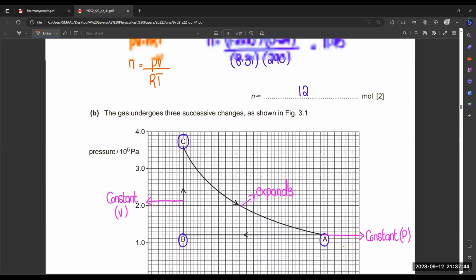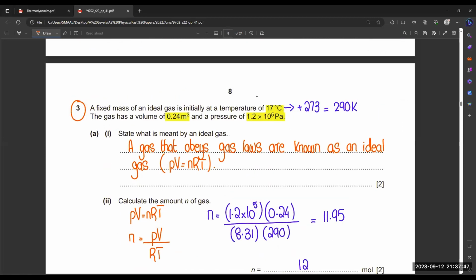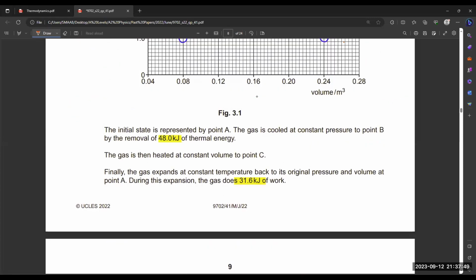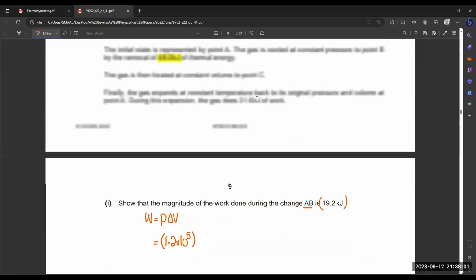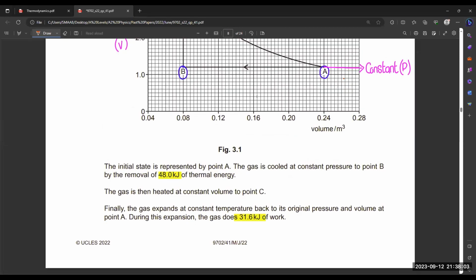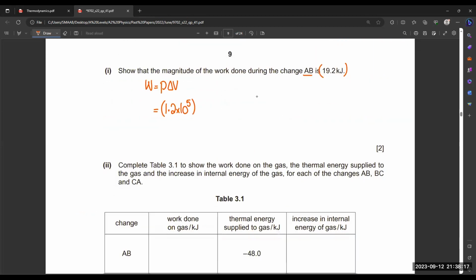Value of the pressure is 1.2 exponent 5. And what will be the volume change? They are asking from A to B. This is the volume at point A. This is the volume at point B. So we need to subtract these volumes to find out the final change in volume. Clear?